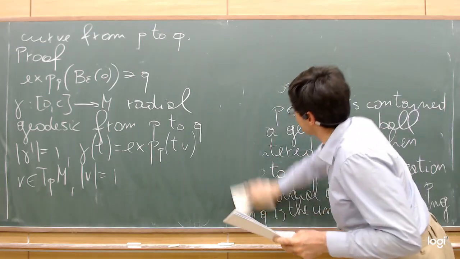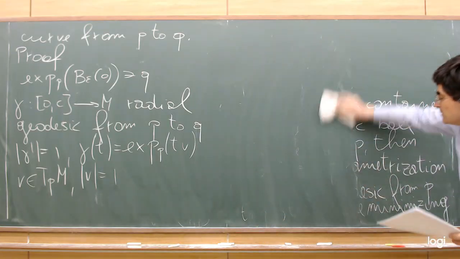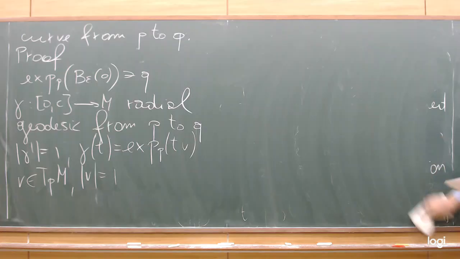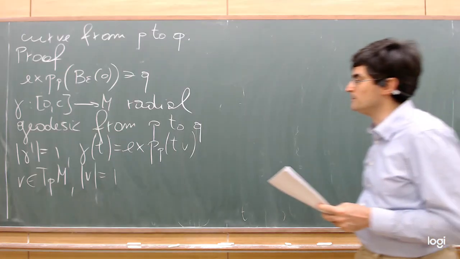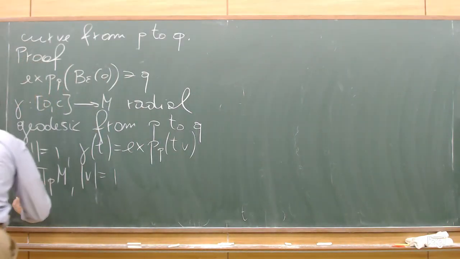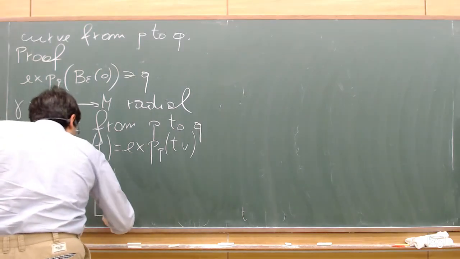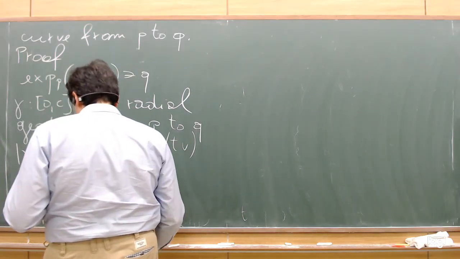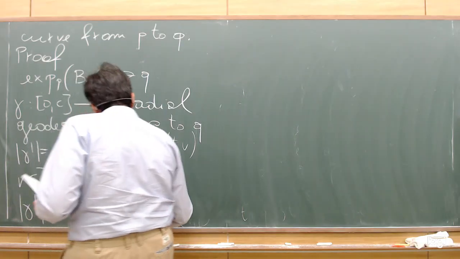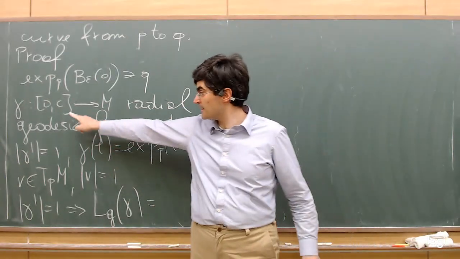Clearly, since gamma is a unit speed curve, we have that the length of gamma coincides with this number.